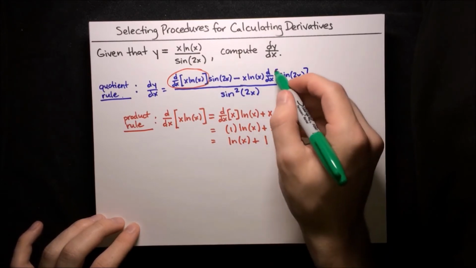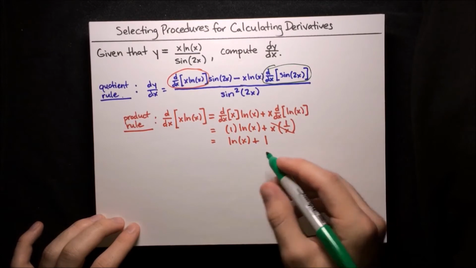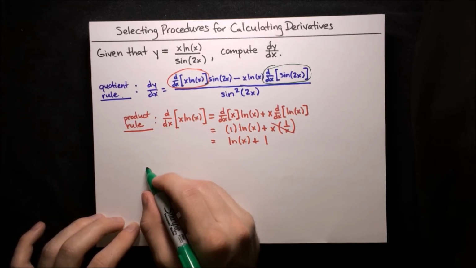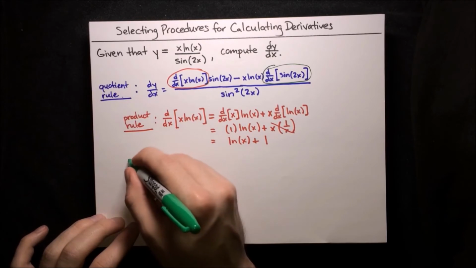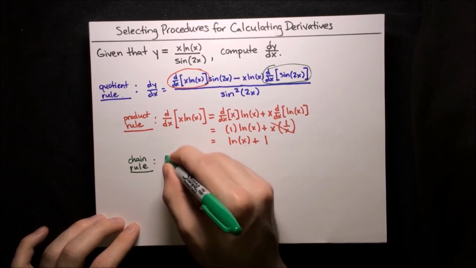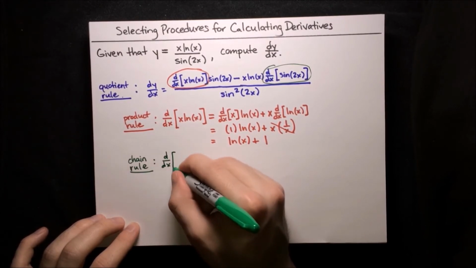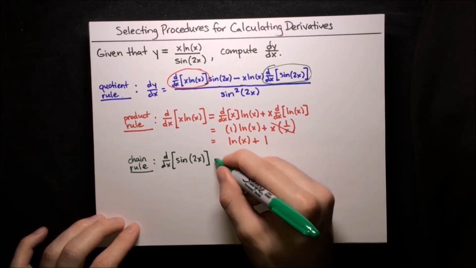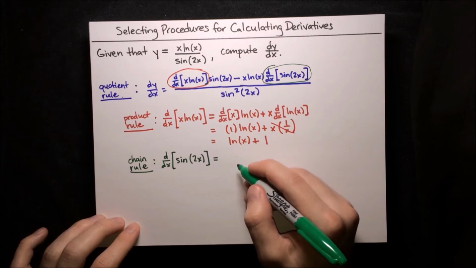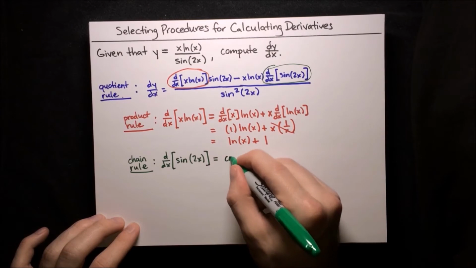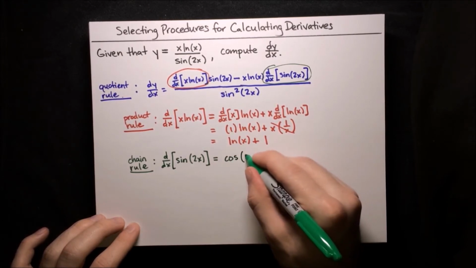Now we've still got another derivative, of sine of 2x. And how do we compute that? Well, this is a composition of functions. One of the functions is 2x, and the other function is sine of that. So we'll go ahead and use the chain rule there. The chain rule tells us that the derivative of sine of 2x we can calculate by first just differentiating the sine part, forgetting about the 2x for now, and you get cosine, and then feed in that original input of 2x.